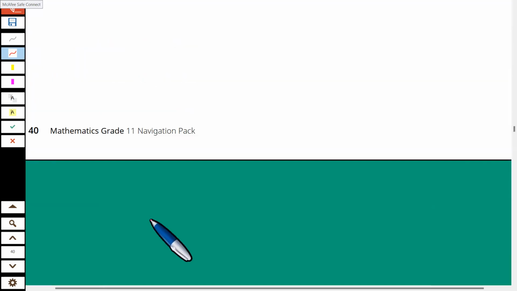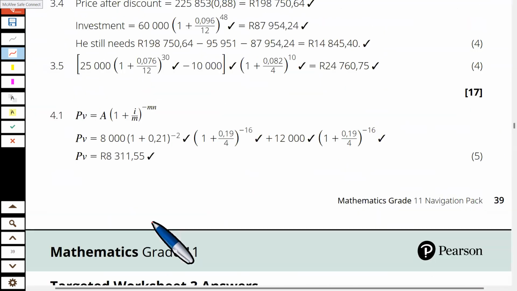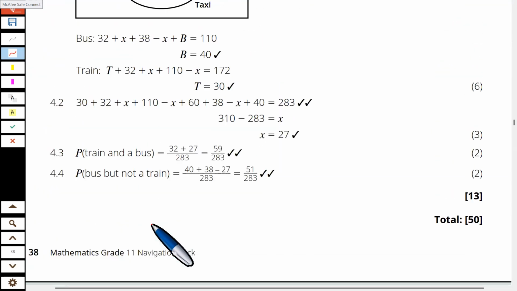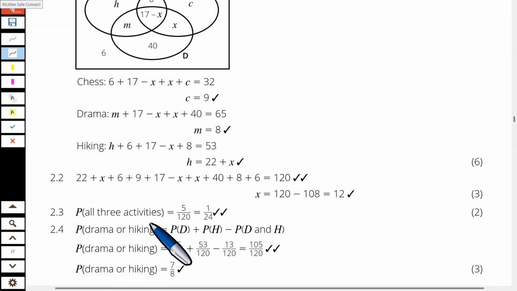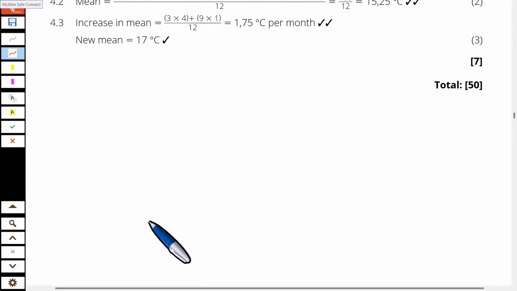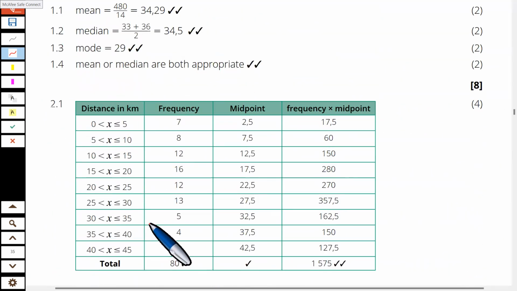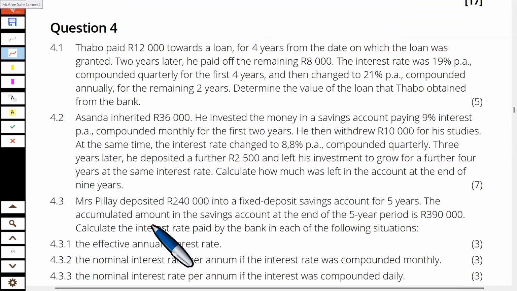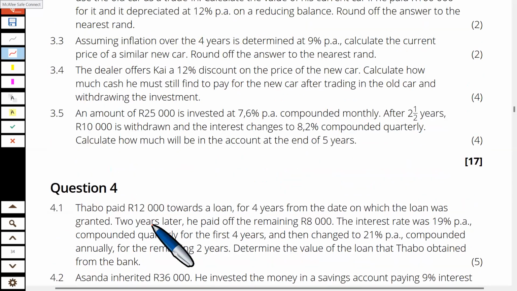Okay, those are the exemplar assessments, but the other assessments that we need to master are like these ones here. Okay, Asanda, Mrs. Pillay, we're going to do this one.